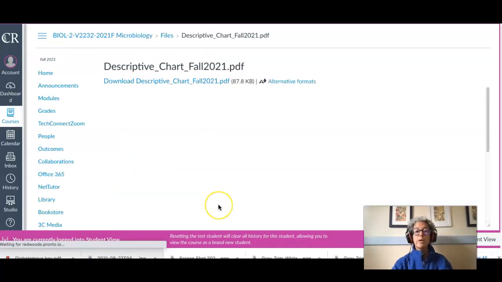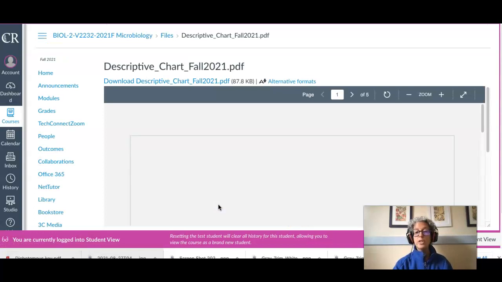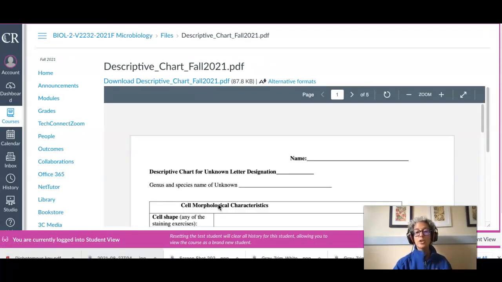This is where, in addition to each and every data sheet and questions for each exercise, you also need to record the results for your unknown on this chart. That's not just to make it easier on me, although it does do that. It's done primarily because it makes it easier for you.